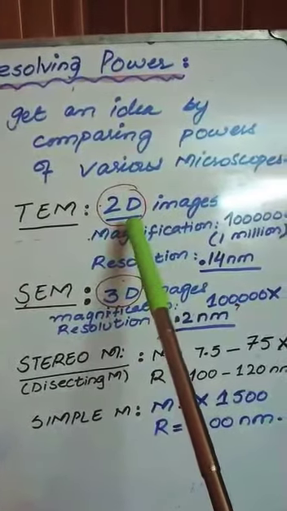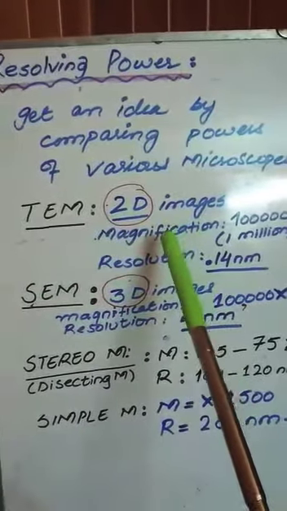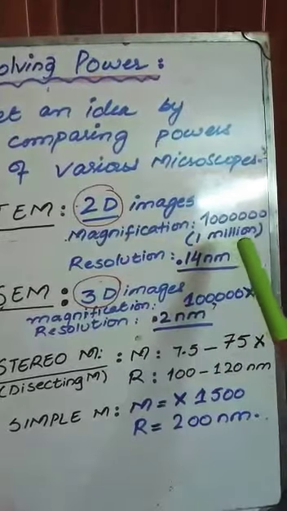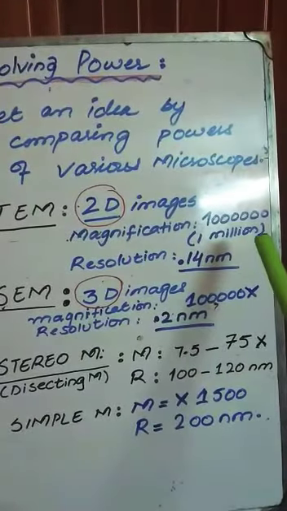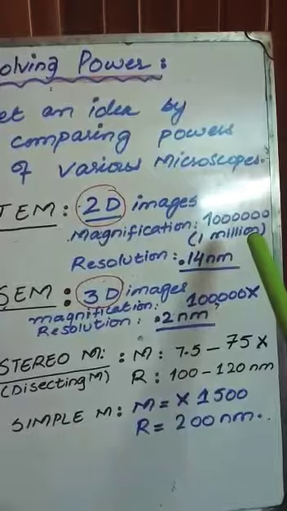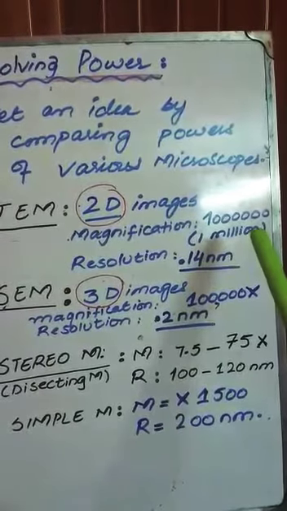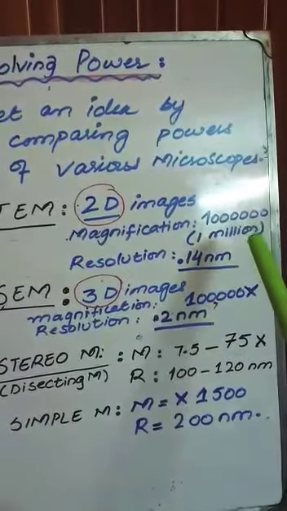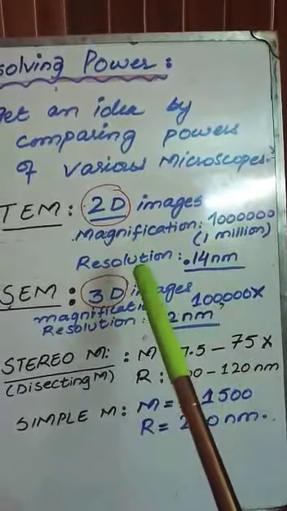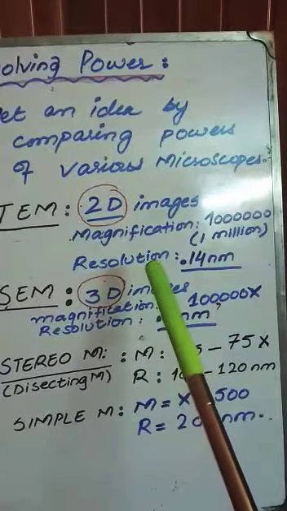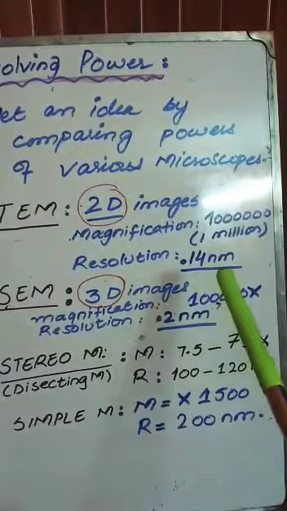It gives us 2D images, and its magnification power is 1 million times the real size of the object. And the second aspect, resolution, is 0.14 nanometer.